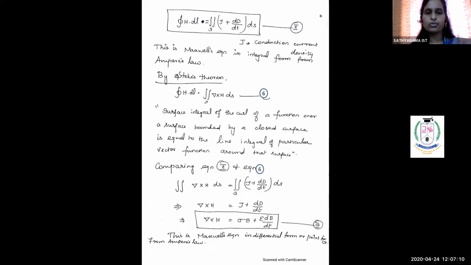Now what we are going to do, we are going to compare our second Roman letter equation with equation number 6. Both are having left hand side line integral H dot dl. So right hand side we can equate it. So when you equate, what you're getting, surface integral del cross H into dS will be equal to surface integral J plus dD by dt into dS.